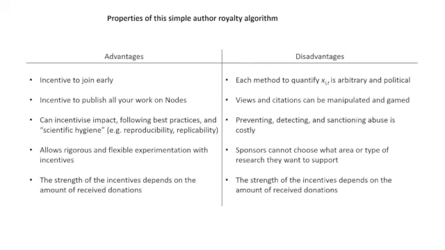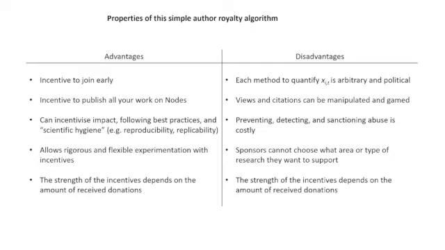So, properties of this simple author royalty algorithm. One of the advantages is that the credits that the authors are building up are cumulative, which means that the earlier you join the system, the higher the rewards that you're going to get over time. Second, it also creates an incentive to publish all your work on nodes.